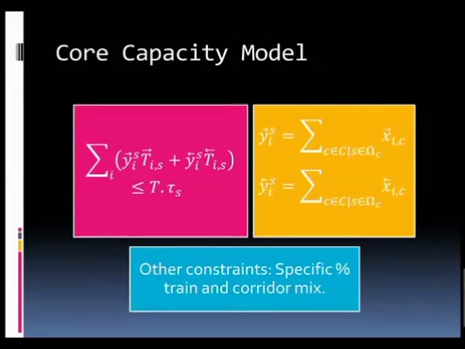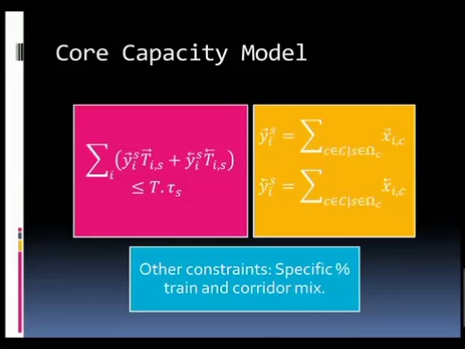So the original capacity model is quite straightforward. But the main part that does the capacity limitation is this equation, which looks at each section of the network. What you're doing is determining the occupancy of each section.